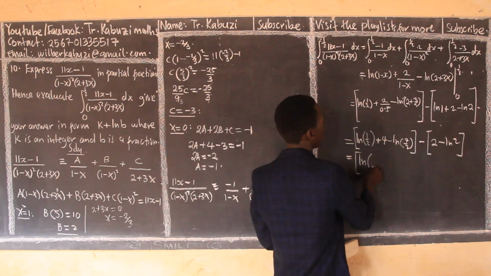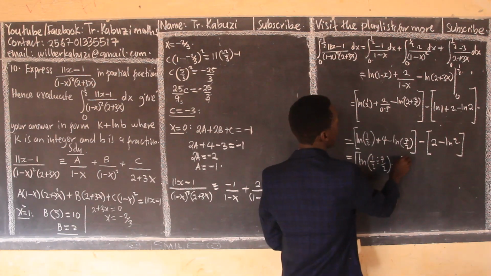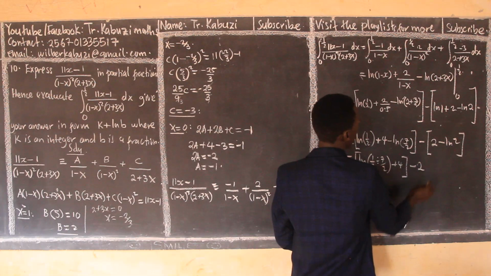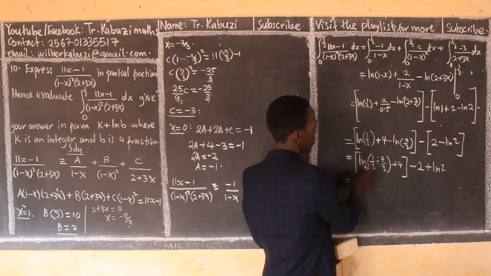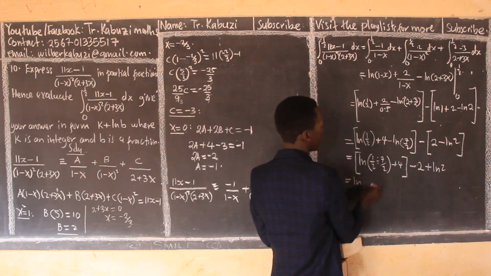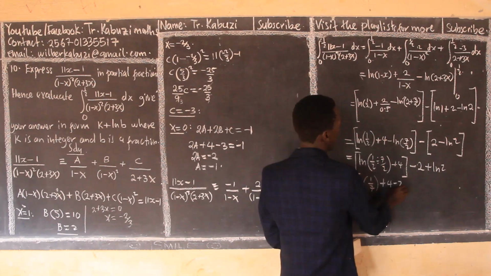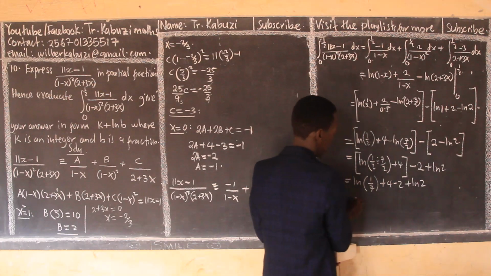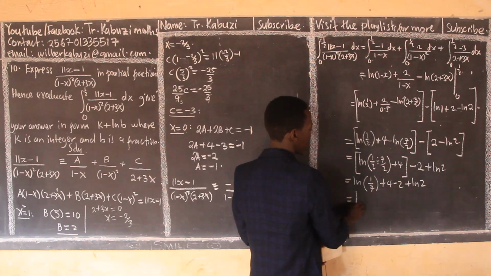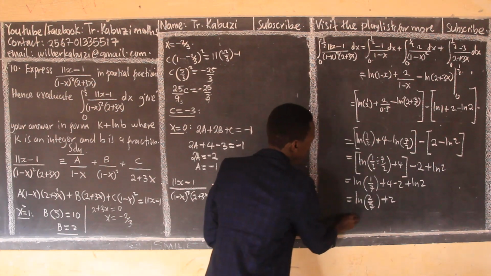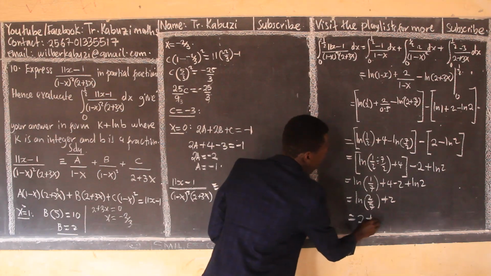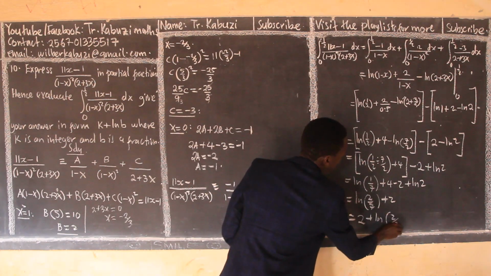So I have natural log of a half divided by 7 over 2, plus 4. Then open brackets, minus 2, then plus natural log of 2. So clearly, this one is going to be natural log of, get the reciprocal, 1 over 7, plus 4 minus 2 plus natural log of 2. When I get this, it will multiply to get natural log of 2 over 7, then plus 2. Expressing it in that form, it becomes 2 plus natural log of 2 over 7.